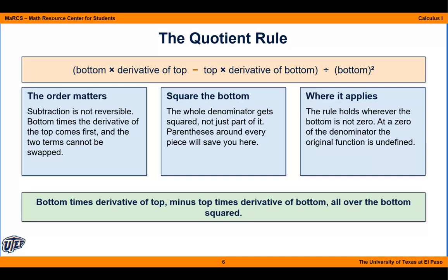In the numerator, g of x multiplies f prime of x, and then f of x times g prime of x is subtracted. The entire expression is divided by g of x squared. The order of the two products matters because subtraction is involved. Also remember that the original denominator cannot be 0.